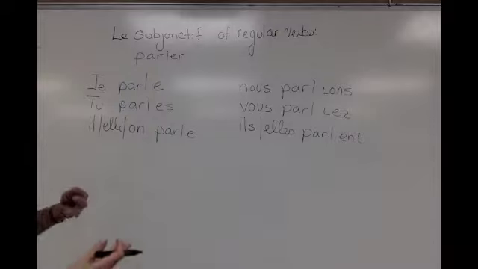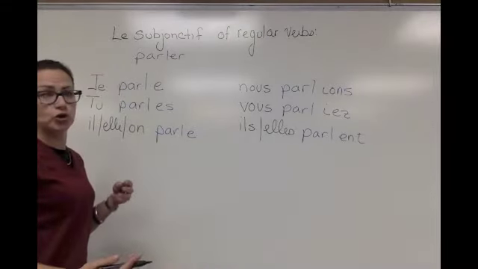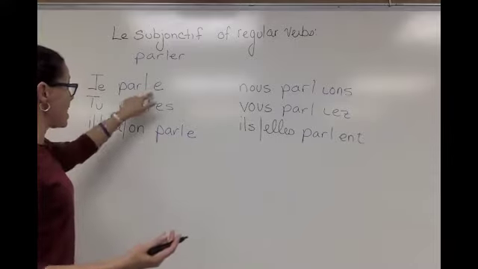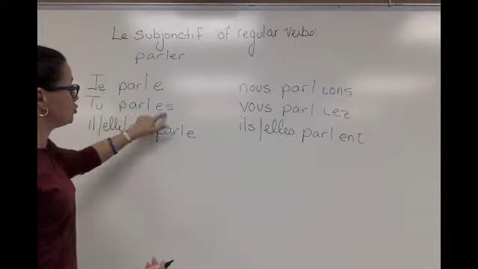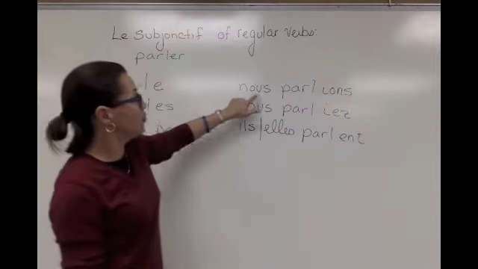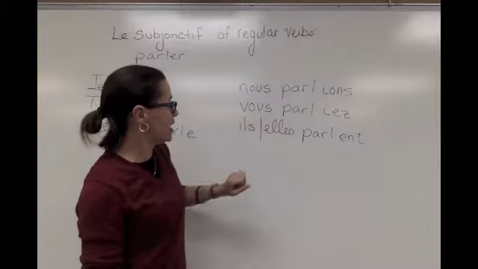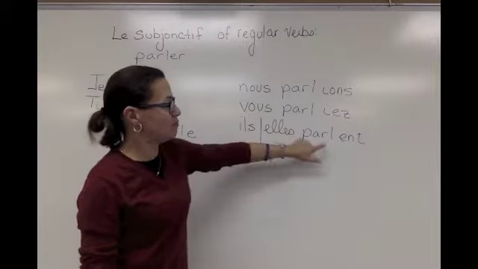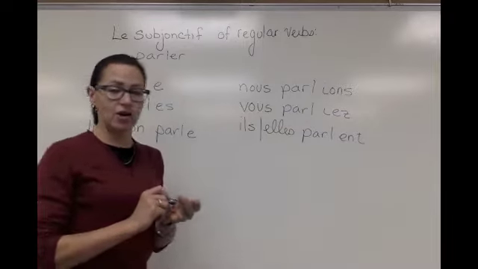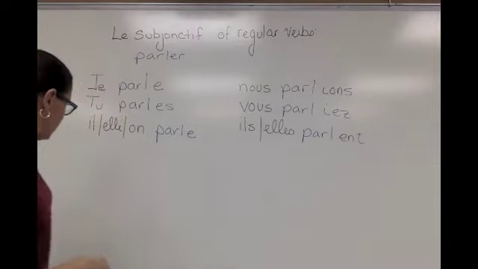So using one of the subjunctive phrases, you're going to say, il faut que je parle, il faut que tu parles, il faut qu'il parle, il faut que nous parlions, vous parliez, and il faut qu'ils parlent avec leurs amis. Okay, so that's an example of an ER verb.